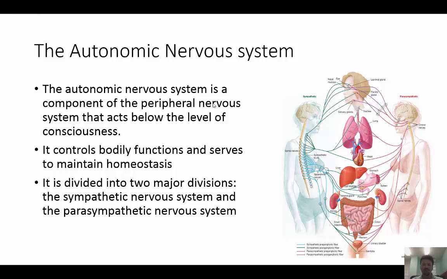In order for your body to function though, your body functions best at a particular temperature of 37 degrees. And homeostasis is the process by which your body maintains an internal temperature of 37 degrees in the face of these vast external changes. And the system of the body that takes care of this, one of the major systems that takes care of this, is your autonomic nervous system.